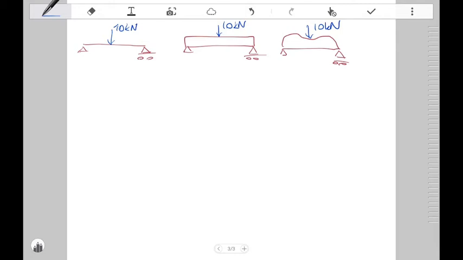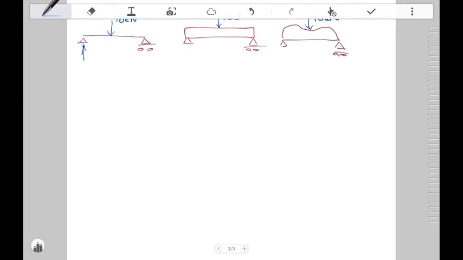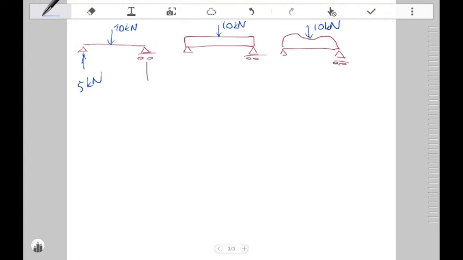What do I find as my support reaction in the 3 cases? They are always the same. So the shape, whether it's a metal or a wood, doesn't matter. We always have the same support reactions, right?